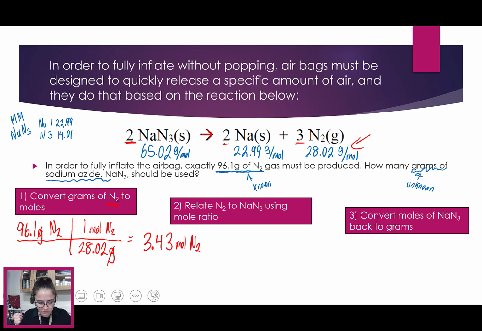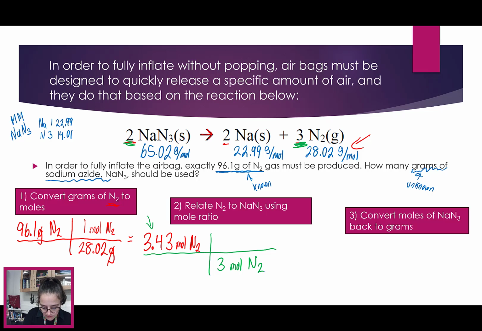So how many moles of sodium azide do we need? Well, we can use a mole ratio to figure that out. Now we're using the answer from this problem as our new known. And I know for every 3 moles of N2 that get produced, that comes from 2 moles of NaN3.